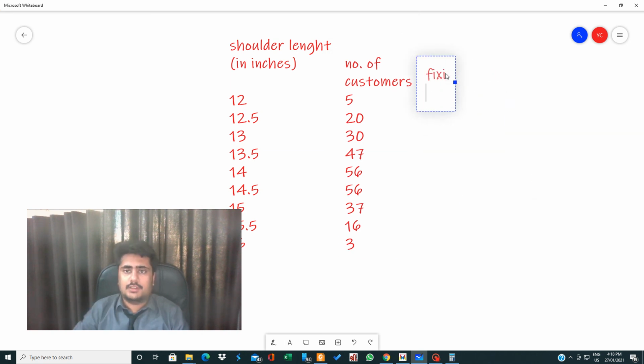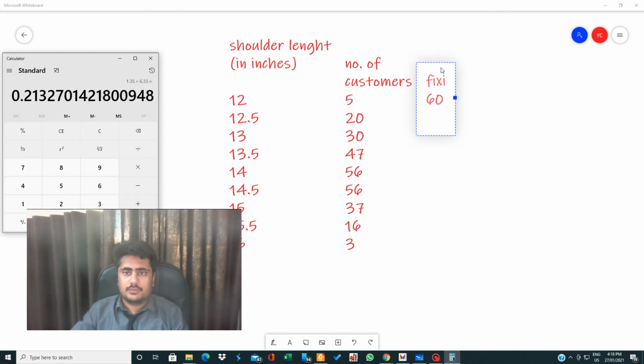fi xi: 5 into 12 is 60. 20 into 12.5, it's 250.